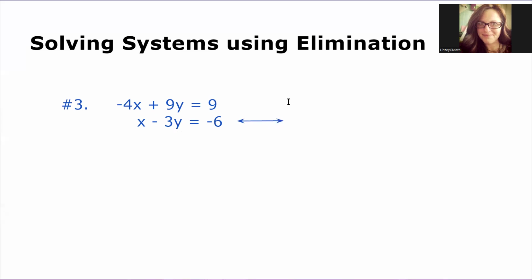I'm going to multiply the bottom equation by 4. When you're multiplying the bottom equation by 4, you need to make sure that we multiply every term on both sides by 4.